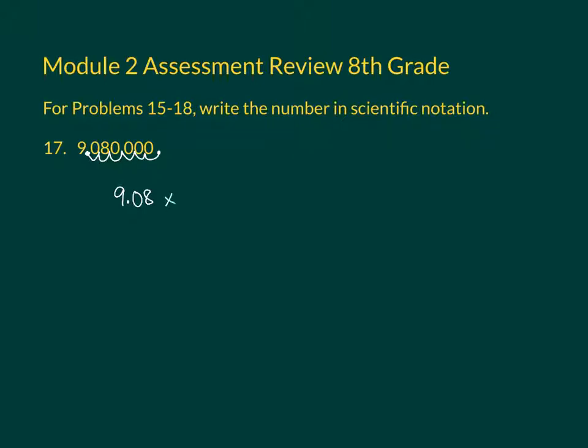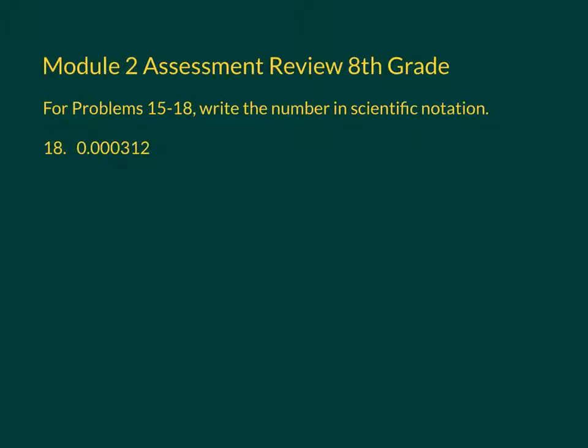And we have to multiply that by 10 to the, we counted 1, 2, 3, 4, 5, 6 places, so times 10 to the 6. Remember, that's because we've got a big number. It's bigger than 1, so our exponent has to be positive, because this number isn't big enough, so we make it bigger by multiplying by powers of 10. And that's your answer for number 17.